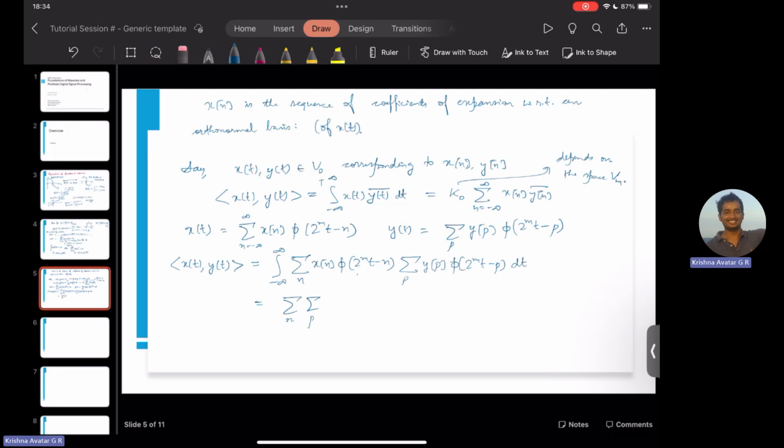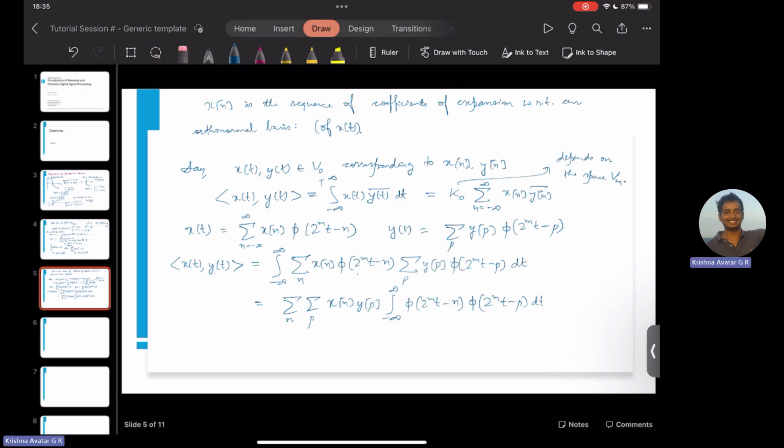Since x_n and y_p are scalars and constants over piecewise intervals, we can have x_n, y_p outside of the integral, and then minus infinity to infinity of phi of 2^m t minus n and phi of 2^m t minus p, integrated over dt.